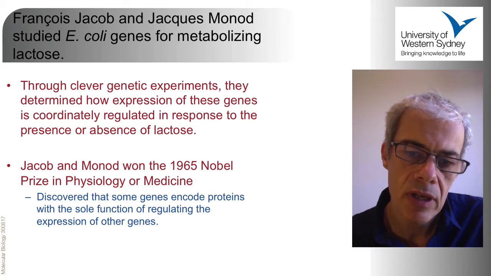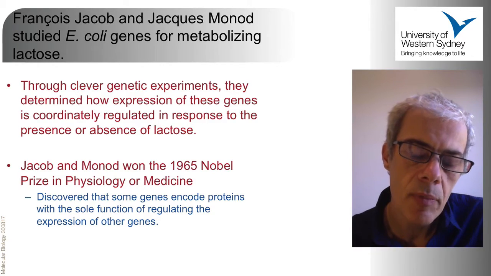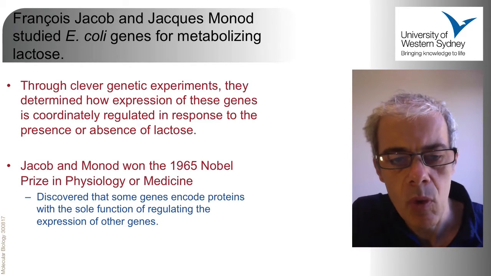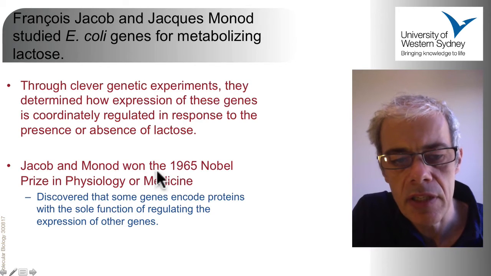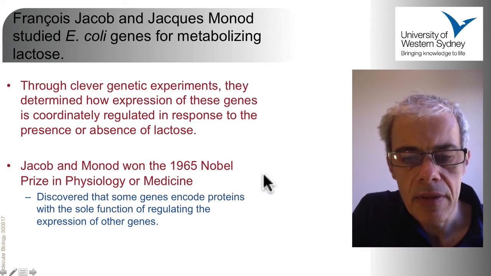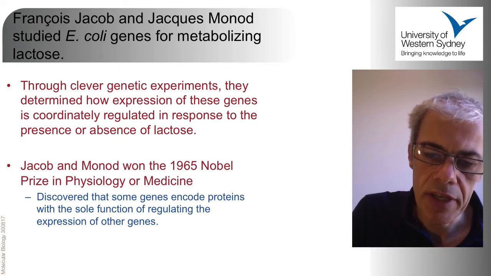So it was a classic set of experiments that really, for the first time, looked at gene regulation in an effective way. They won a Nobel Prize in 1965 for their work, and effectively their big contribution to science was that they discovered that some proteins' sole function is to regulate the expression of genes.